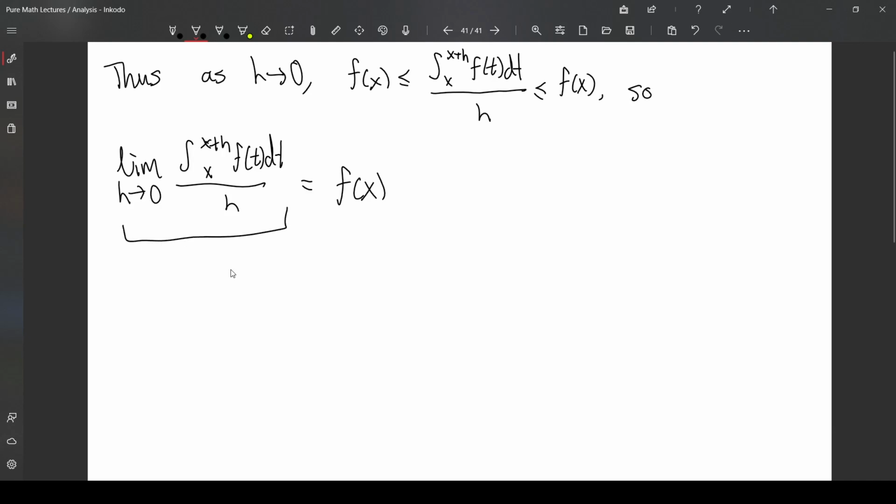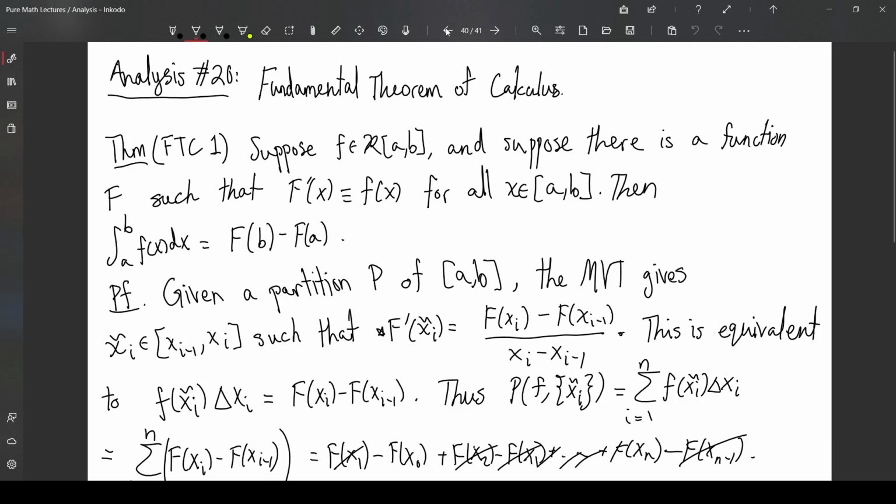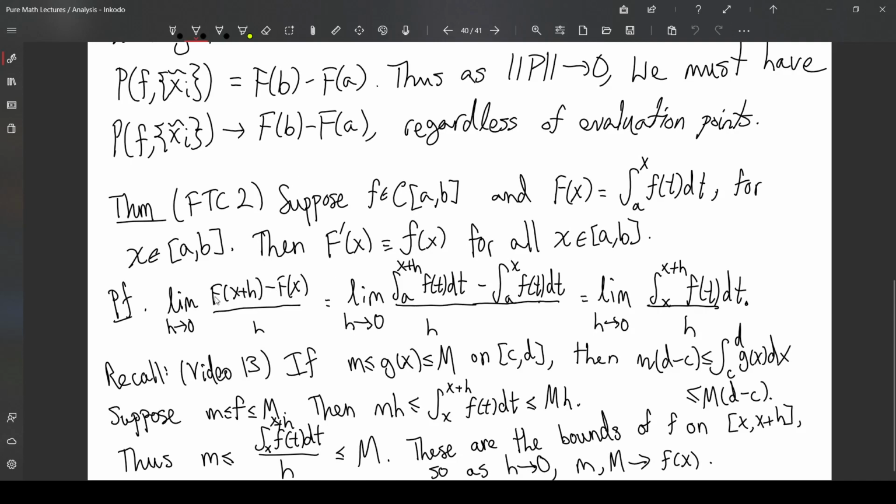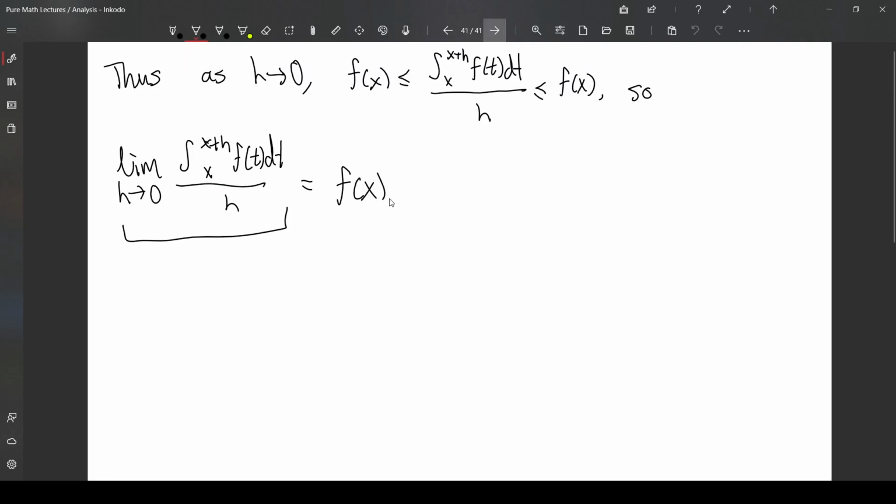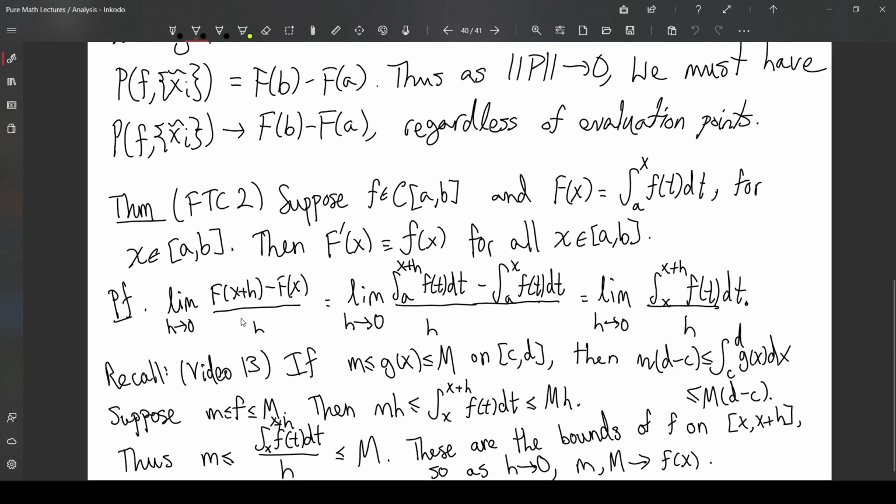And this quantity, as we showed, is equal to the derivative of capital F at x. And so therefore we have shown what we want to show, which is that the derivative of capital F of x is equal to lowercase f at each value of x. So notice that here this x is fixed. h is actually what's changing.